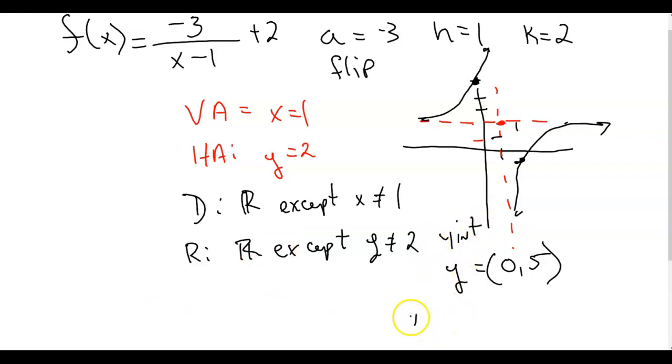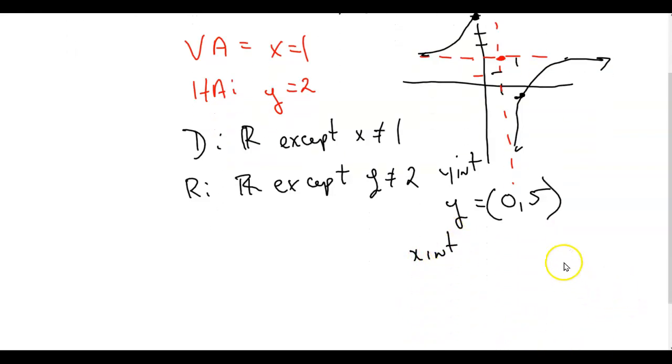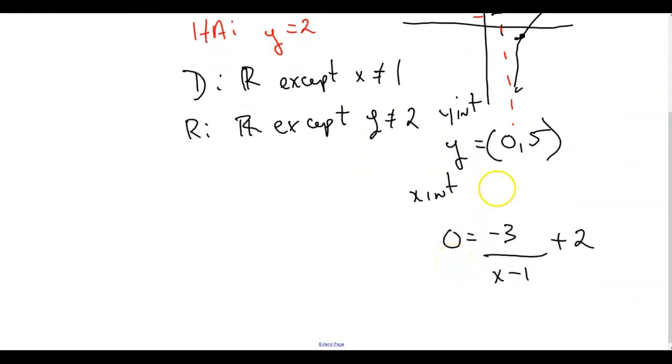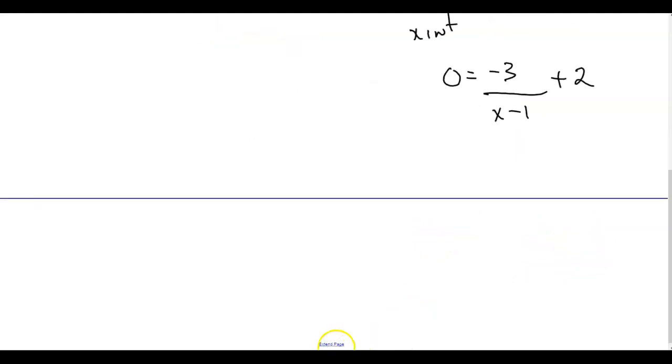Okay, so now our x-intercept, it's going to take some work because y is equal to 0. So we're going to have 0 equal to negative 3 over x minus 1, plus 2. So what I'm doing here is I'm just going to go ahead and solve for my x. So the first thing I need to do is move the 2 over. This is always first. You're going to move that k to the other side. First thing you need to do.